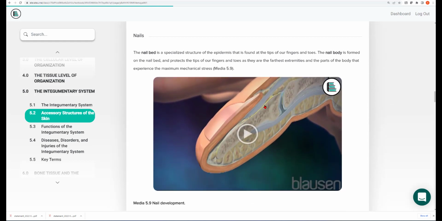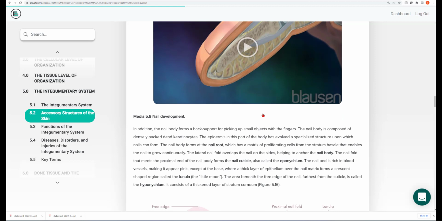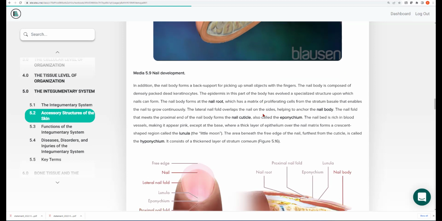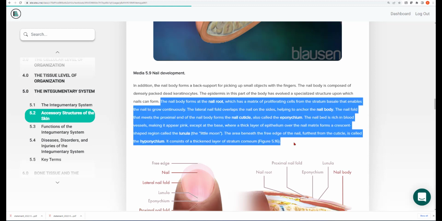Nails, another accessory structure of the integumentary system. We know we find this at the tips of our fingers, the tips of our toes. There's only a couple of things that I want you to know about nails, and do not worry about these structures. Okay, so I'm not going to worry about any of these structures of nail.